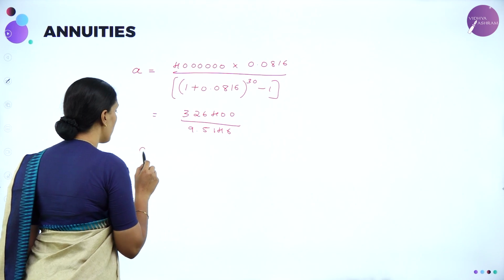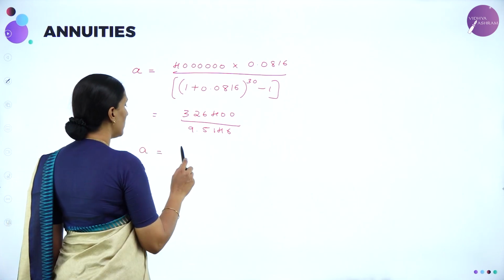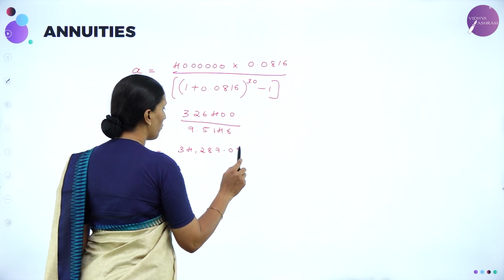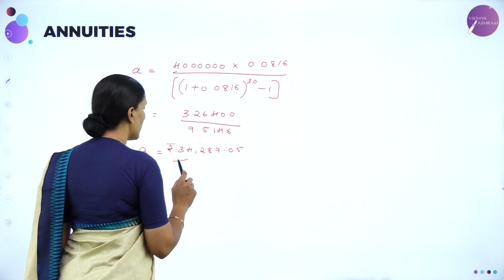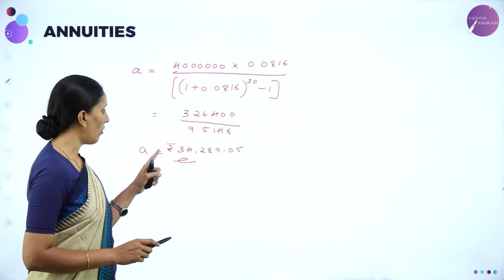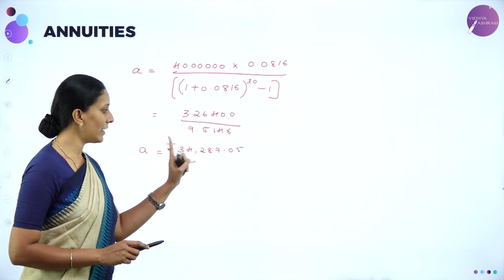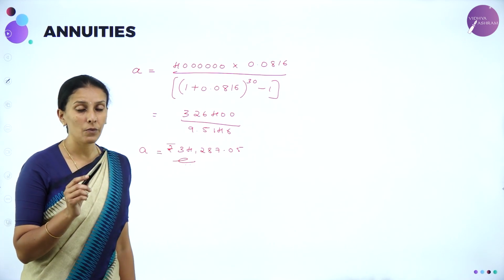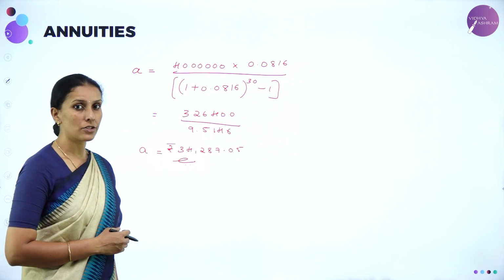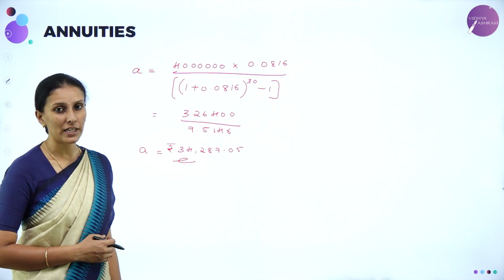If we divide this, we get the value of A as 34,287.05 in rupees. So that means he should start an investment of 34,287.05 with equal installments for 30 years so that his wife will get rupees 40 lakhs after his death.